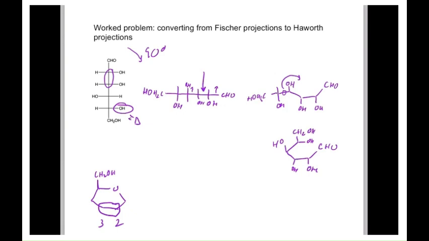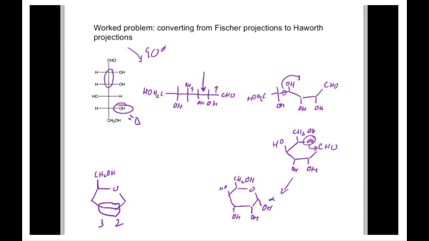Now all we have to do is have that hydroxyl attack the carbonyl, and that's going to form the cyclic structure. So we'll get, now, we're going to end up with a hydroxyl on carbon 1, and we can end up with two different possibilities.